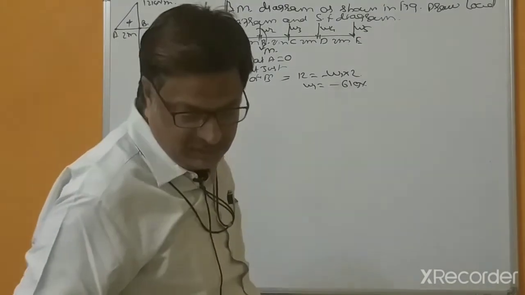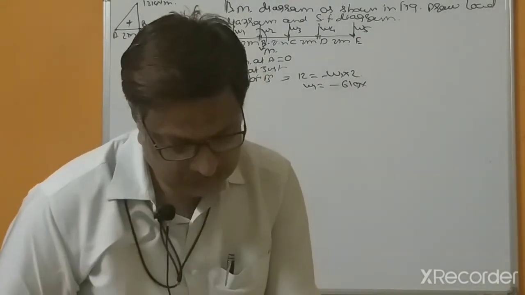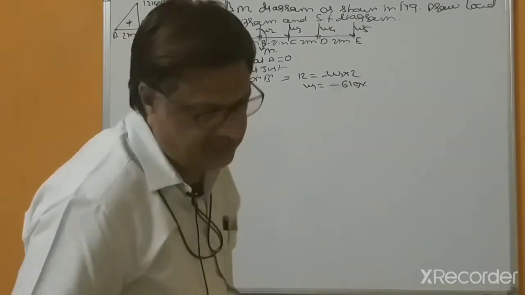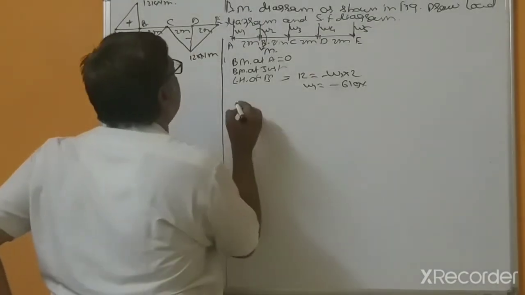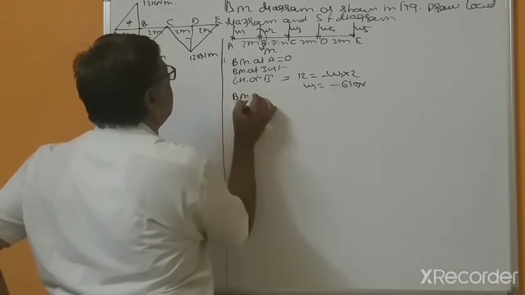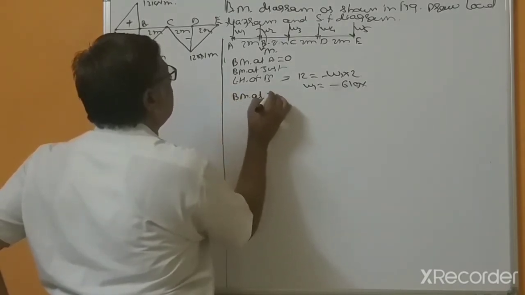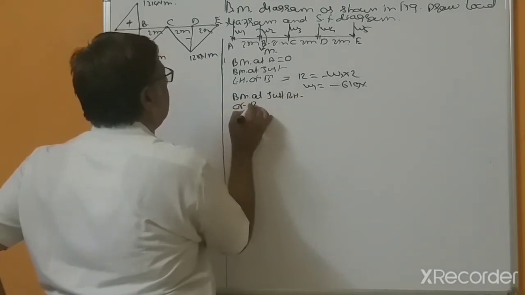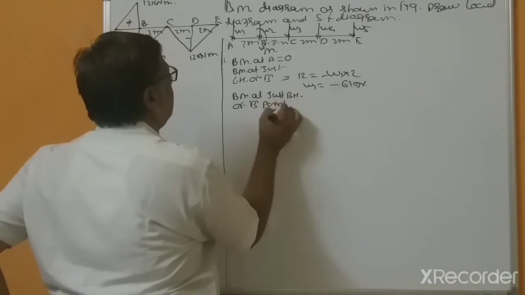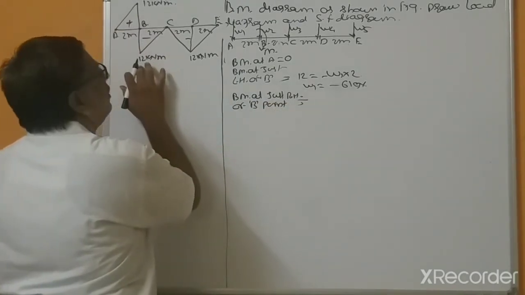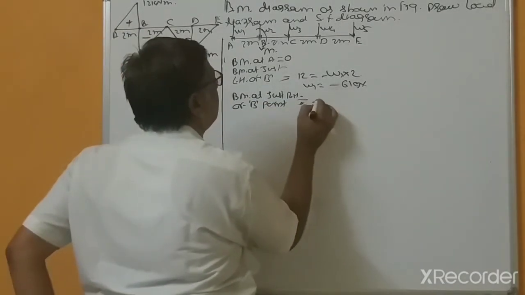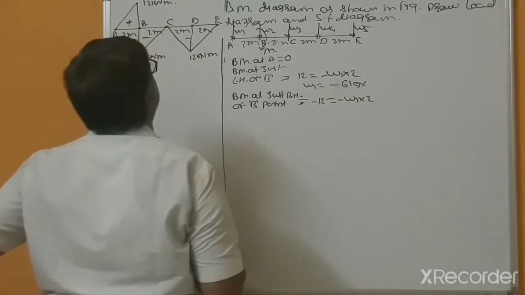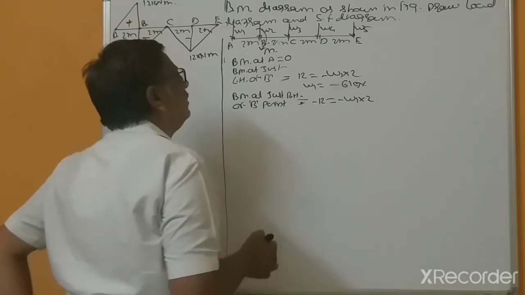I will check my answer. Right. Next, bending moment just right hand side of B point. This is equal to minus 12, W1 into 2, right?